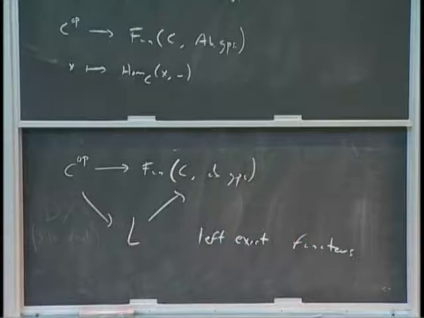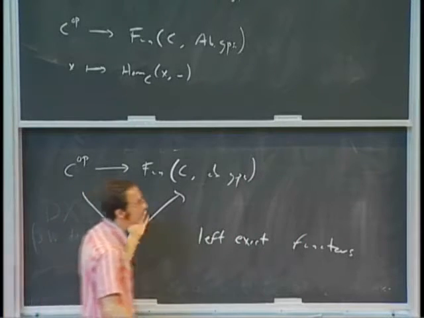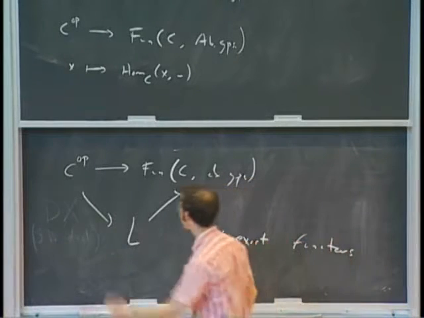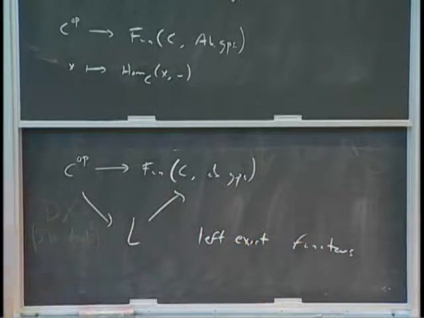And now what you check, and this is not easy. At the level of our exercises, this is an exercise you could do, but it would be a substantial project. You check that L is an abelian category.